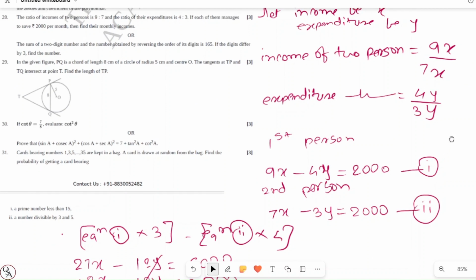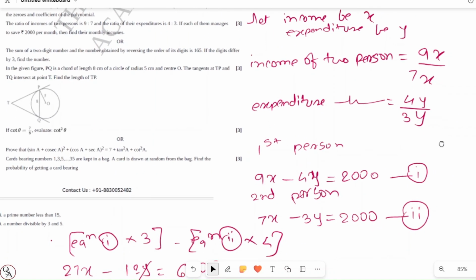Okay, so the monthly income of the first person is, if you check, we received the value of x as 2000.